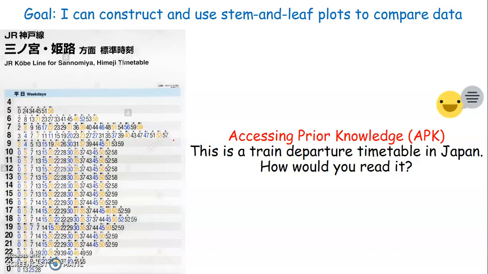That tells me that this is when people go to work in the morning, so there must be a lot of trains to carry people. Also around 5 o'clock to 7 o'clock in the evening, we have another peak, so the number of trains has to increase to take people home from work.